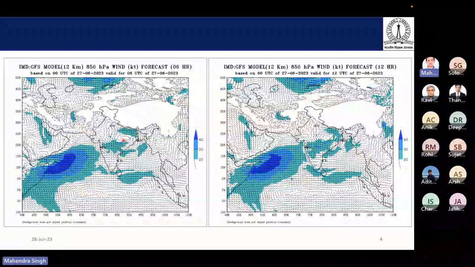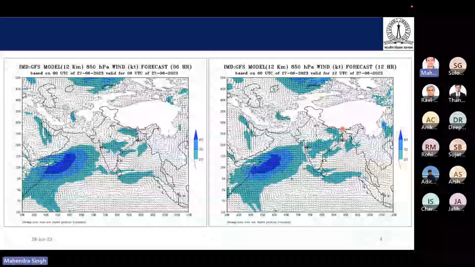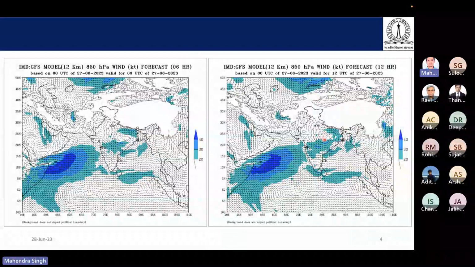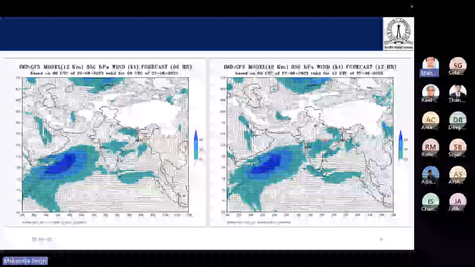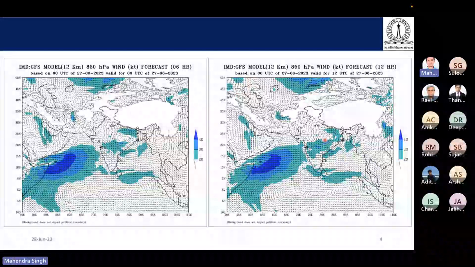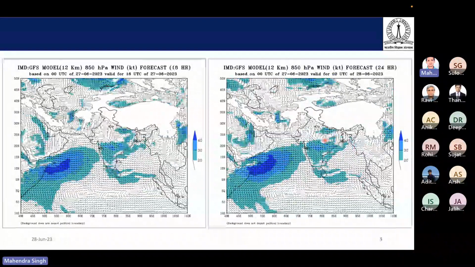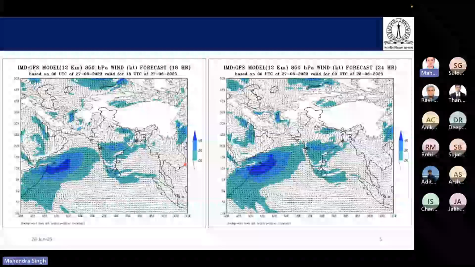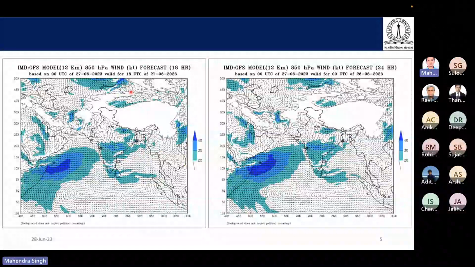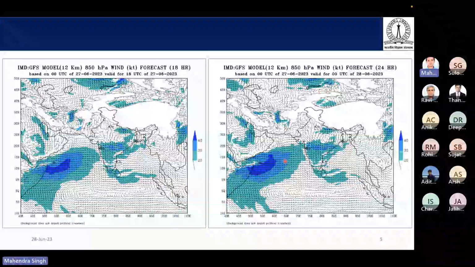Here we can see a low pressure area formed, and after another 6 hours it is evolving. Mostly low pressure systems move in the northwest direction. After another 6 hours, around 18 UTC, you can clearly see a low pressure system, and also for 00 UTC 28th of June.